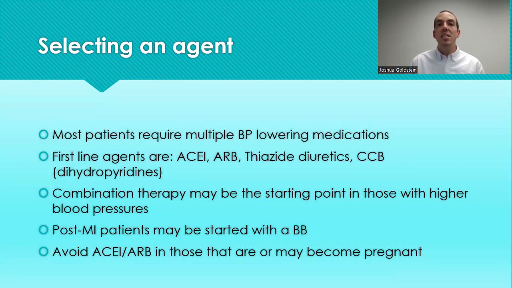And finally, ACEs and ARBs are considered teratogenic. They cannot be given to patients who are pregnant, trying to become pregnant, and you have to be really cautious giving it to any female of childbearing age. It is ideal, and in most cases, it's considered accepted practice that you would verify that they're not pregnant at the time that you prescribe it, whether that's with a pregnancy test or they're on their period, by asking the patient.